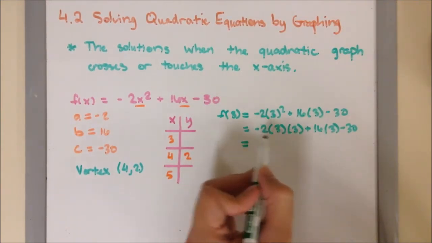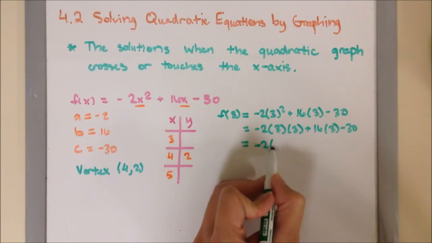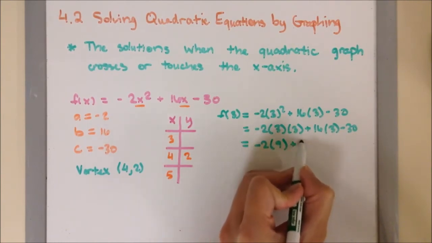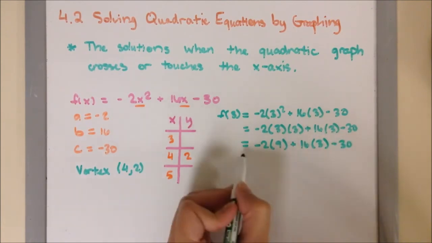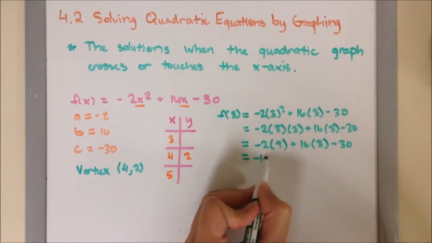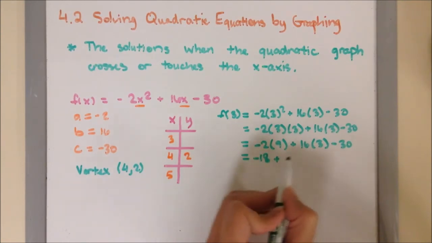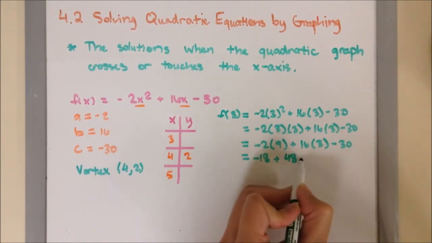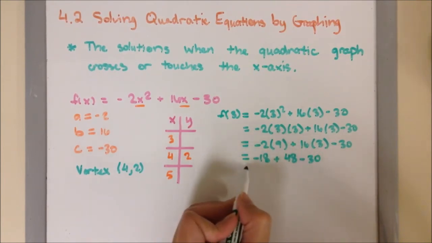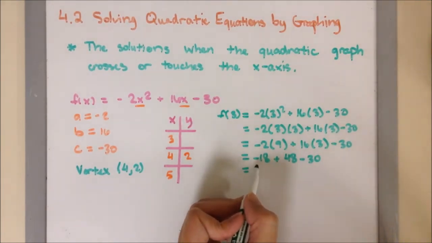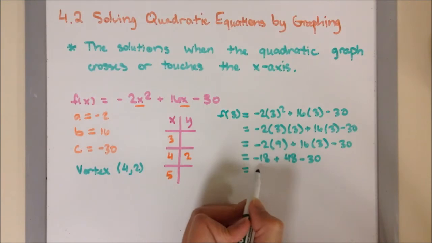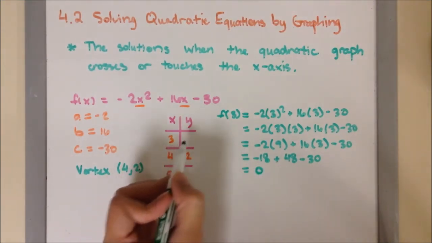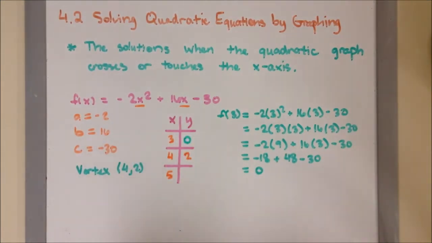And then I'm going to multiply, so 3 times 3 will be 9, so this will be negative 18, plus 16 times 3 is 48, minus 30. Negative 18 plus 48 is 30, and then 30 minus 30 will be 0. So this will be my 0.